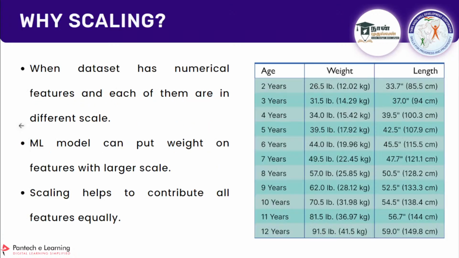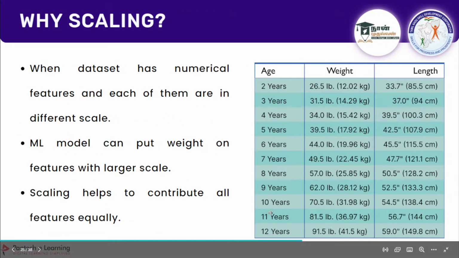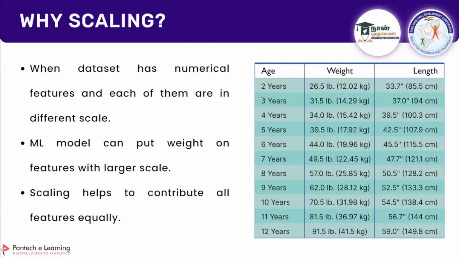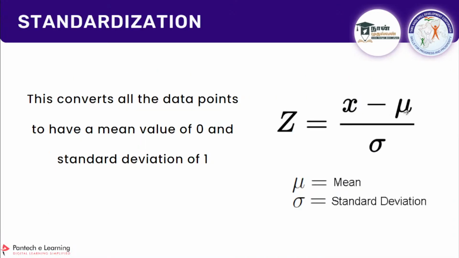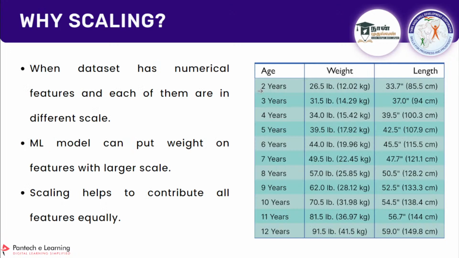So what will happen is, see here, if I take this column, it is going to take a mean value and then a standard deviation. With this mean and standard deviation, first it will take this one, subtract the mean and divide by the standard deviation, and place that value here.